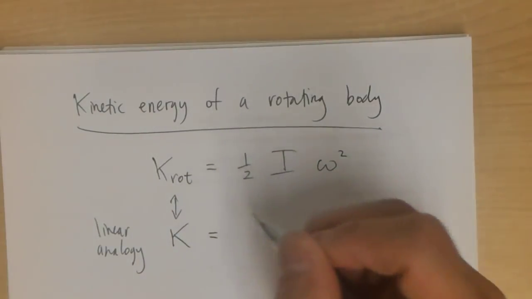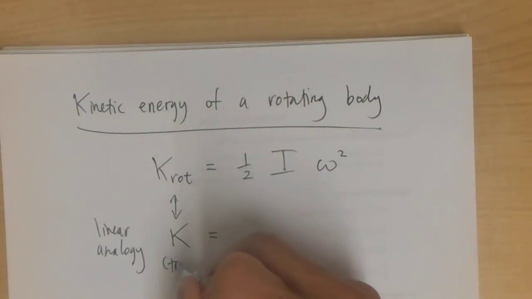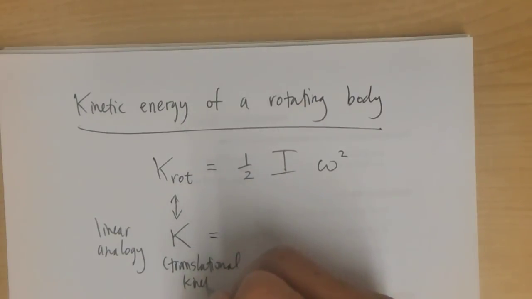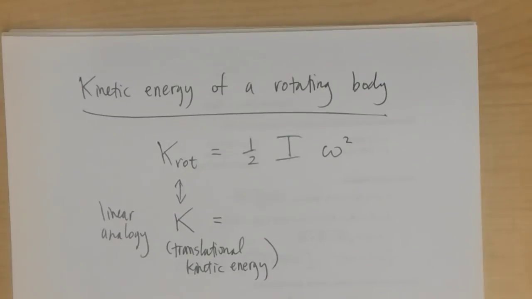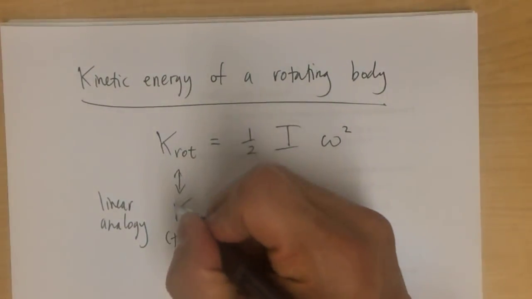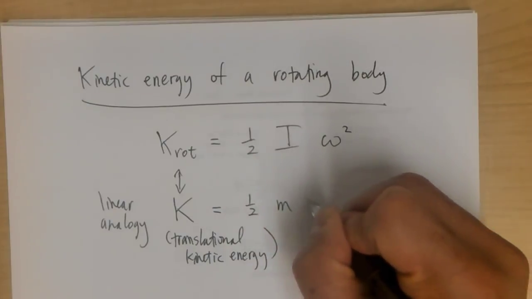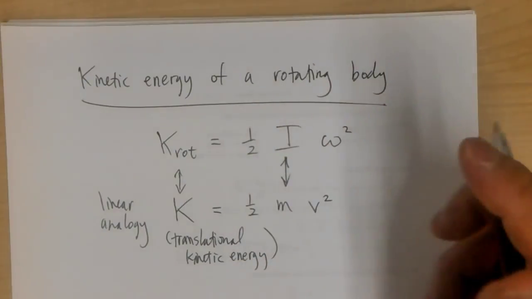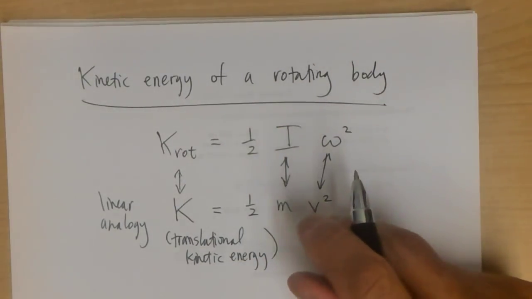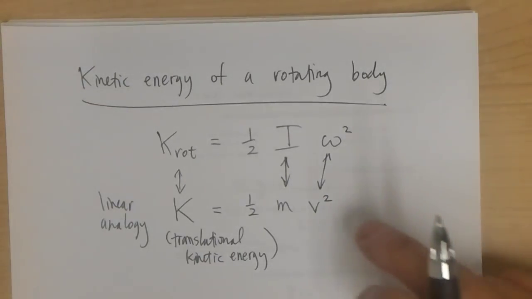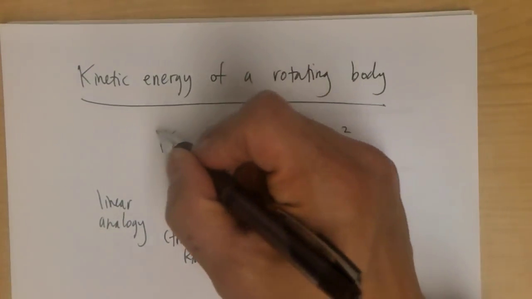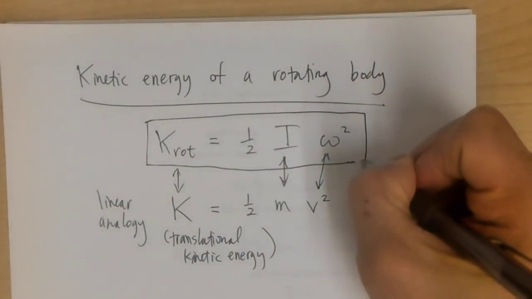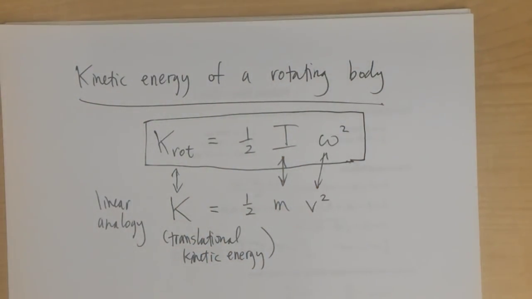This is just plain kinetic energy. This is what we call translational kinetic energy. That means the kinetic energy associated with the movement of the center of mass, how it translates from one position to another. And then we have 1/2 mv squared. And so now we just do the analogies. Mass goes to moment of inertia, as velocity goes to angular velocity. So this is the formula for the rotational kinetic energy of the rotating body.